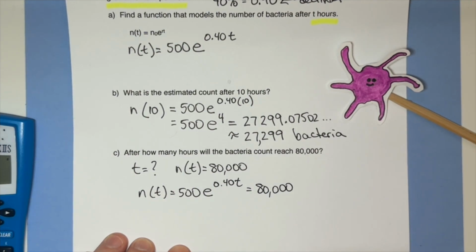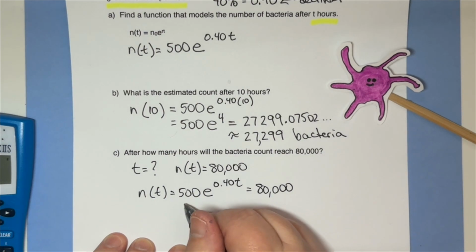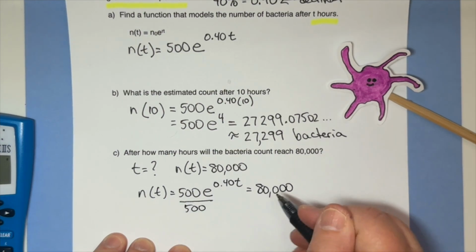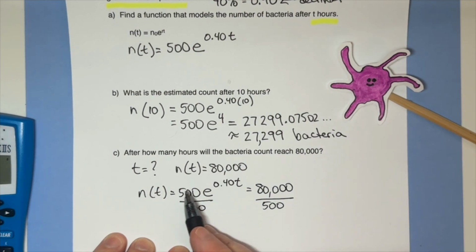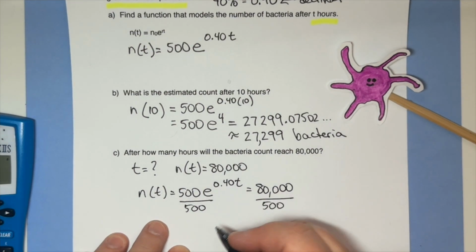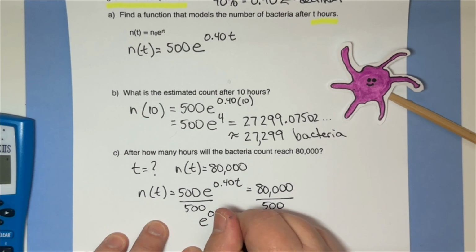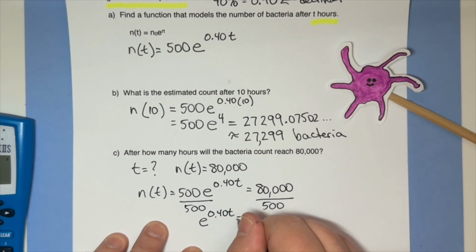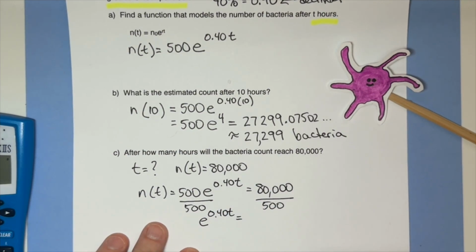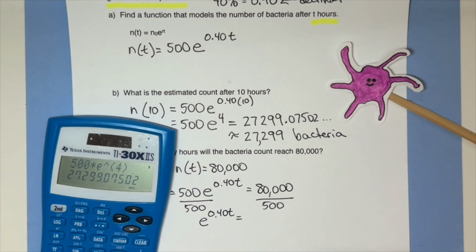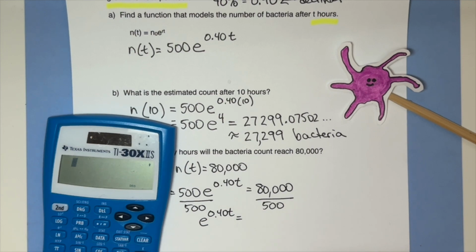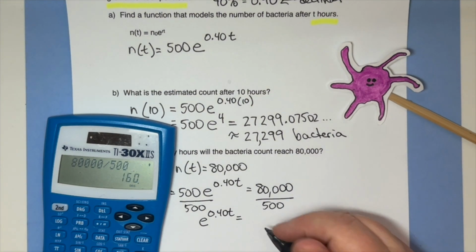Okay, first thing I'm going to do, you got it, I'm going to divide out the 500. I've got to get the base by itself. The number in front of the base has got to go. So I've got e to the 0.40t is equal to, and I'm sure I could figure this out, it's going to be like 160, but let's double check. 80,000 divided by 500 is 160.